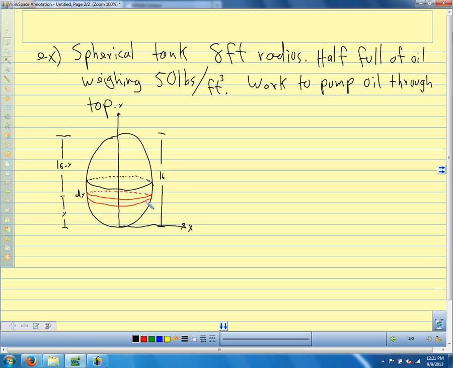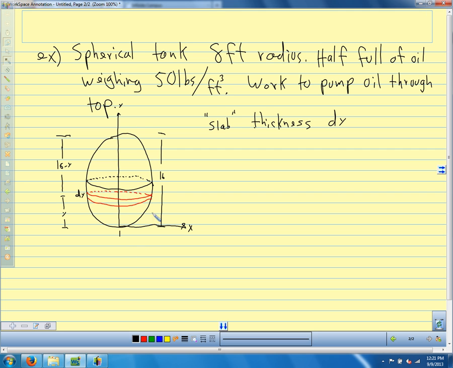So our disc, our slab of oil, has a thickness dy. And its radius is some quantity x.